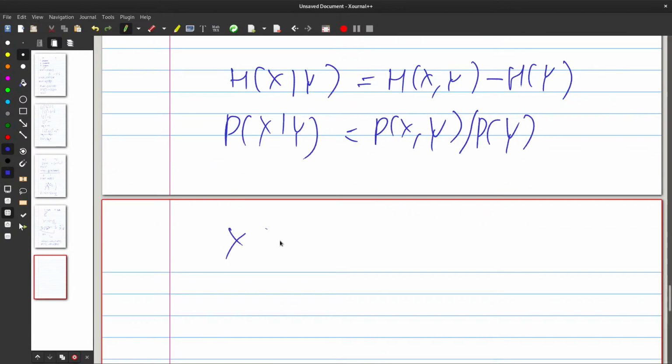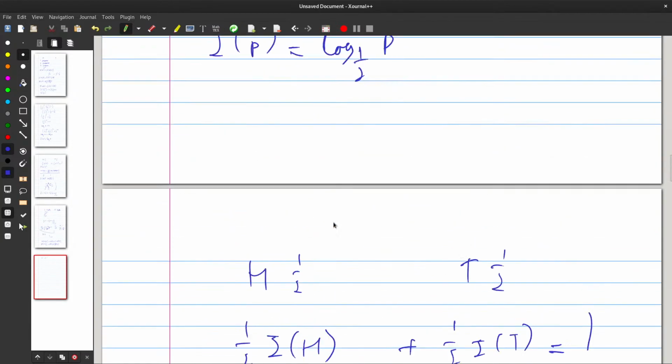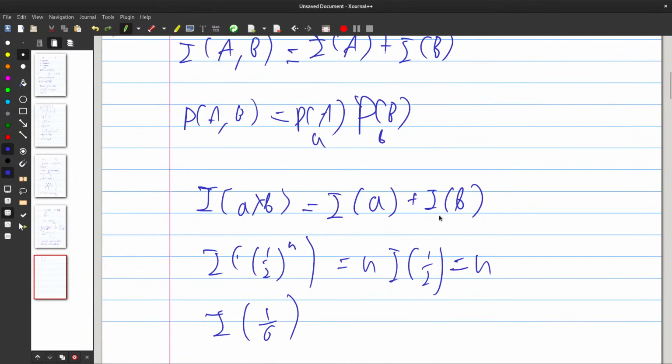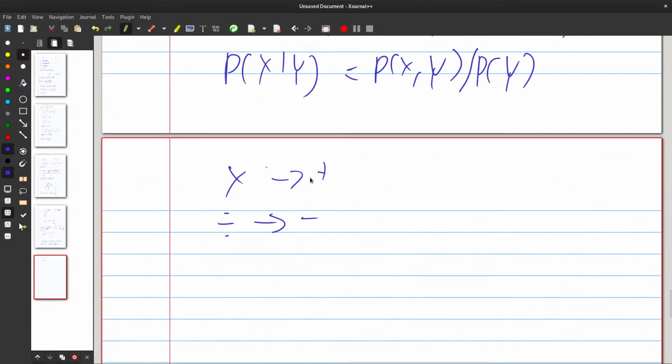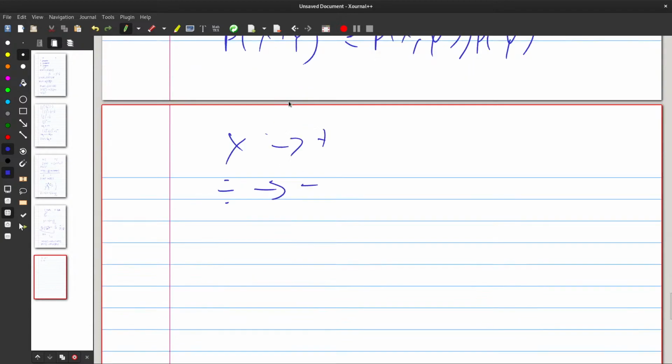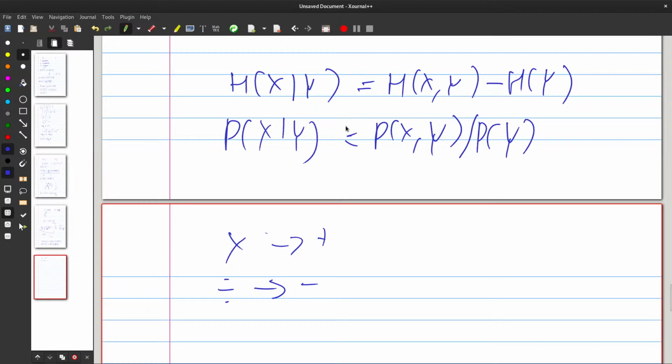Logs turn multiplication into addition and division into subtraction. Remember, if I scroll all the way back up here, that was one of our conditions, right? We're turning multiplication, A times B, into addition. So I suppose that's not a proper proof of why this is the case, but that's some intuition for it. I'm not going to go into long detailed mathematical proofs because I guess none of you care, though if you want to, it can be reasonably fun to give it a go.